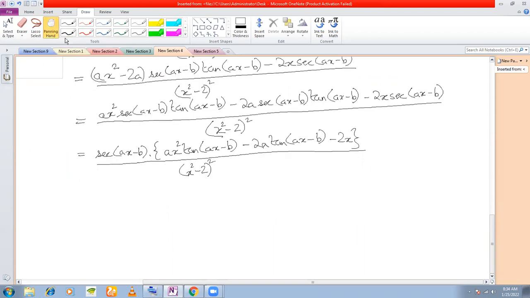But the proper manner of writing is, as I told you, whenever you're multiplying something by a trigonometric function, always try to write this in the beginning. So you can write this in the beginning, x square tan(ax minus b). This is not a question of being mathematically right or wrong, but this is a question of propriety.